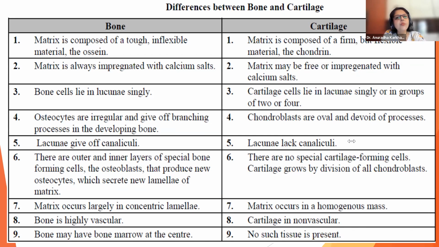Cartilage matrix occurs in a homogeneous mass, scattered everywhere. Matrix is uniformly scattered. Bone is highly vascular, means it will be supplied with blood. Cartilage is non-vascular. It will not have any blood supply. Bone may have bone marrow at the center. Cartilage will never have any such cavity or marrow at the center.